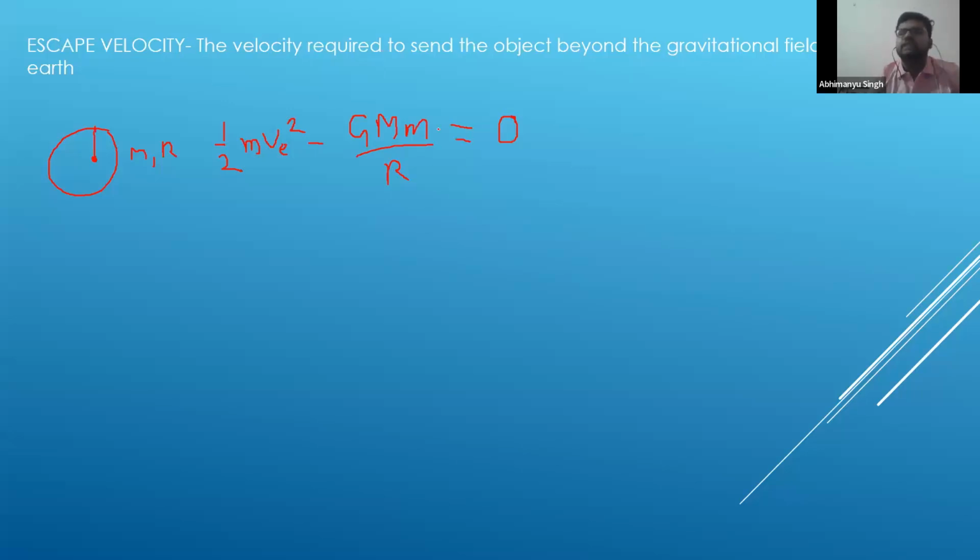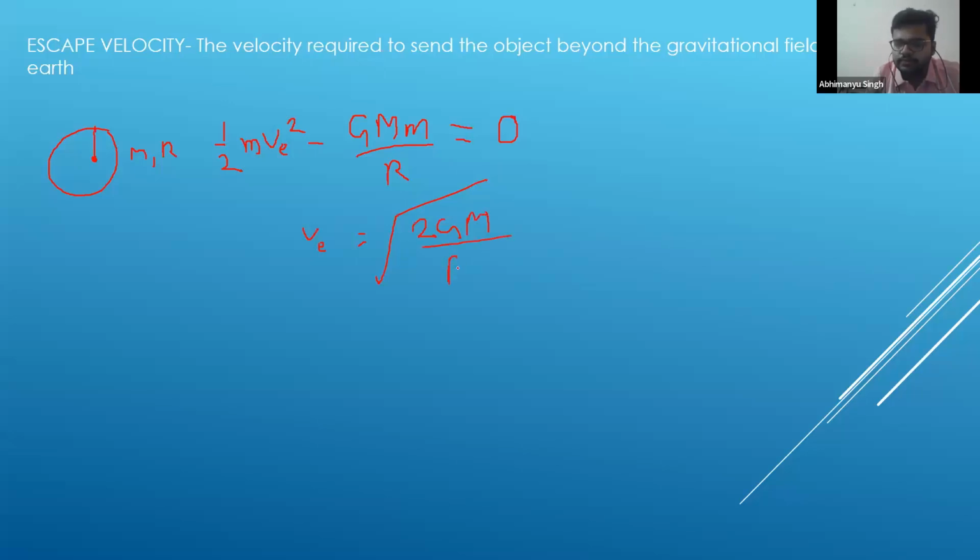If we give it more energy than this, then it reaches there with some kinetic energy as well. It depends upon the energy conservation, and when we do it, we get V is root 2GM by r. What was the velocity required for an object to move in a circular orbit?